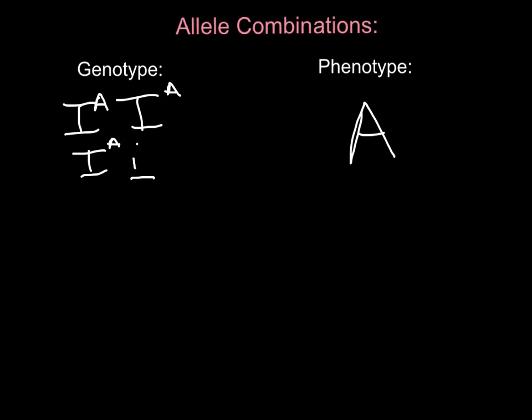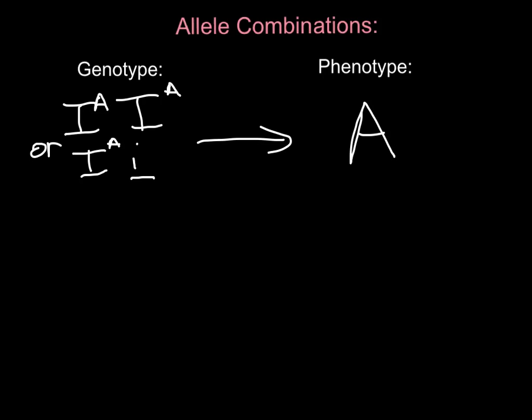So since big I to the A is dominant over the little i, that is the one that will be expressed. So either one would get you to type A.